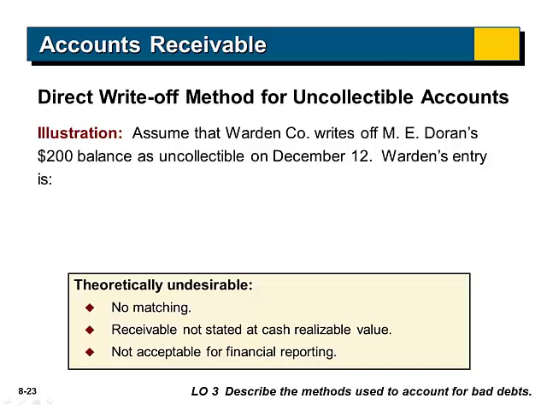But let's assume that Ward & Company writes off M.E. Doran's $200 balance as uncollectible on December 12th. Warren's entry, when someone walks in and says, I'm not going to pay you this $200, under the direct write-off method, you haven't built up any allowance like you had in the previous slide.